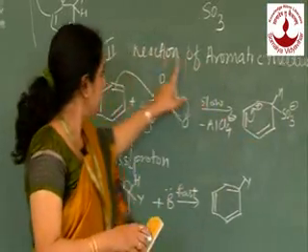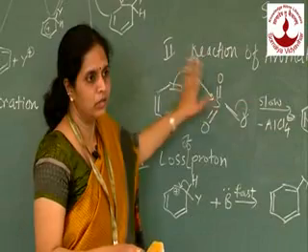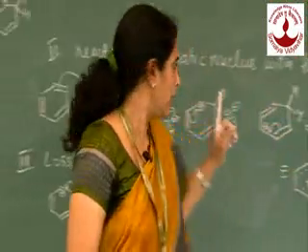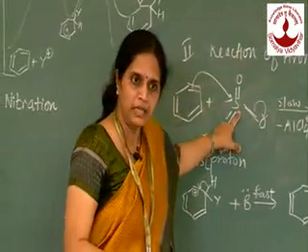Now why does SO3 have a negative charge now? Earlier, when the benzene ring attacked the electrophile, the electrophile had one electron less and it had a positive charge. Now the octet of sulfur is complete.